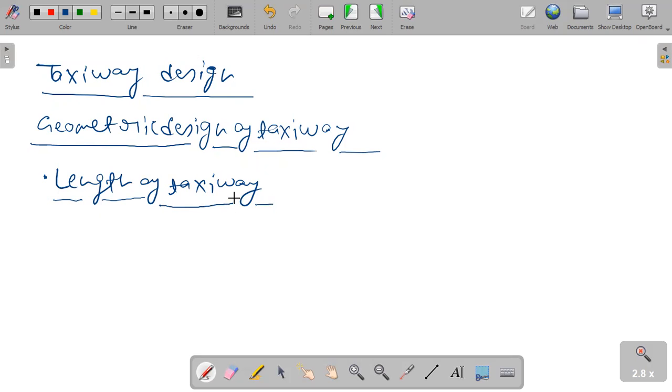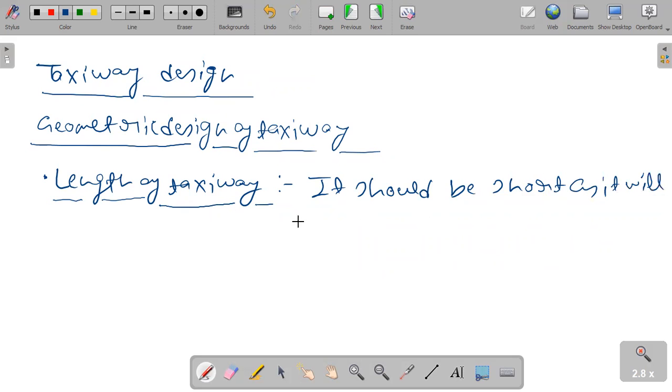So that it will save fuel. So it should be short, as it will save fuel consumption.